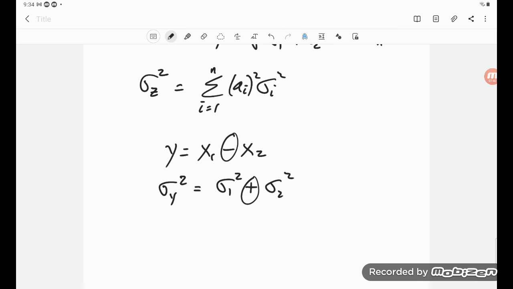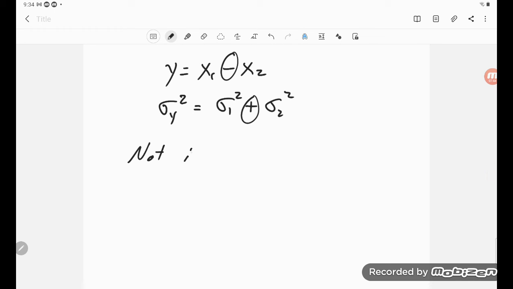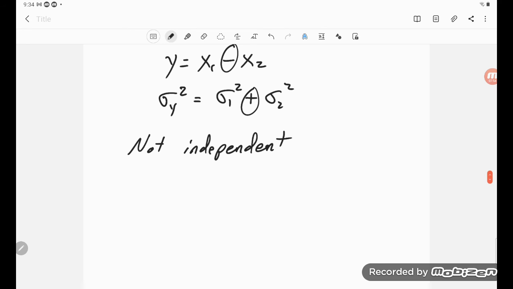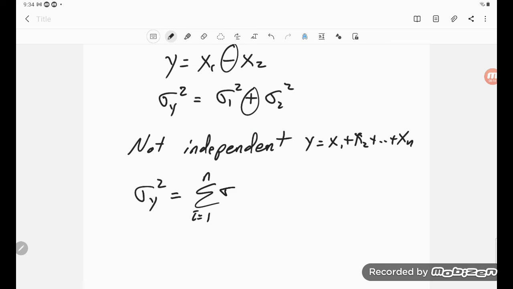And now, if they're not independent, it gets very messy with covariances. So if they're not independent and I have a sum, so y equals x1 plus x2 to xn, then unfortunately sigma squared y, the variance here, is equal to the sum of the variances, i equals 1 to n of the sigma i squared, but then plus 2 times, and I have to take every single pair of covariances.